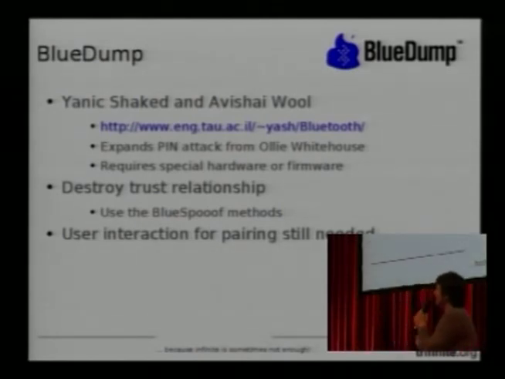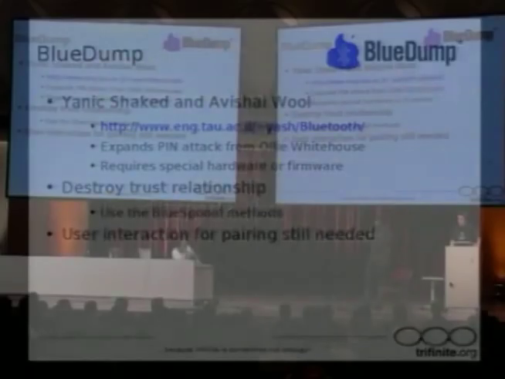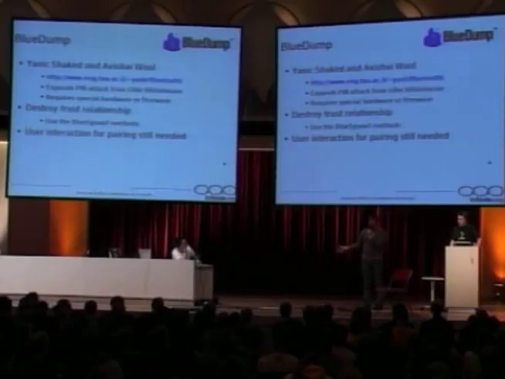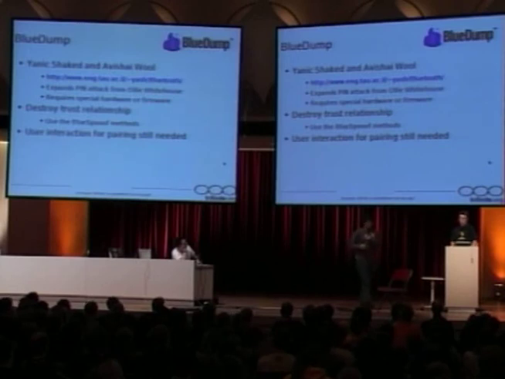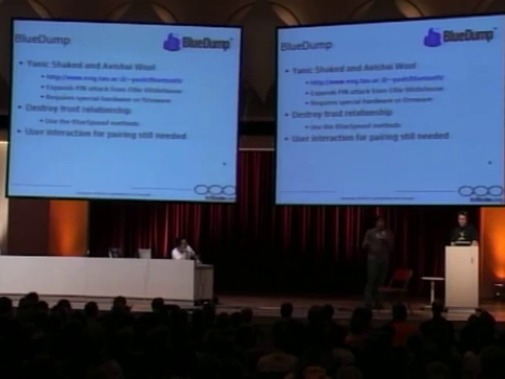And what happened there is that the other partner dropped the link key. So a new pairing process is initiated, as generally happens with Bluetooth devices, which then again could be observed by the attacker.